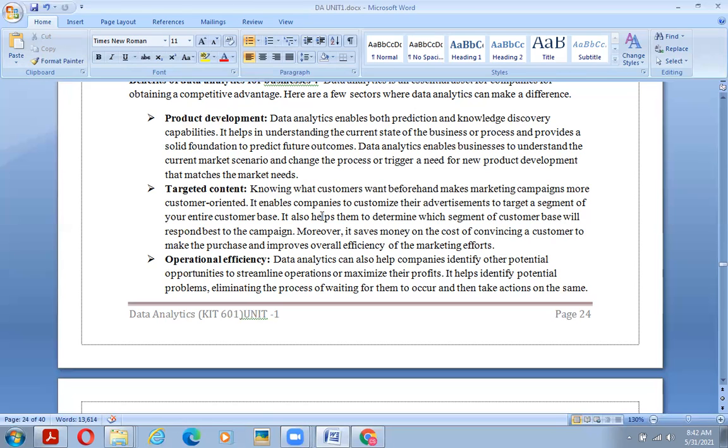It helps in understanding the current state of the business or process, and that provides a solid foundation to predict future outcomes.